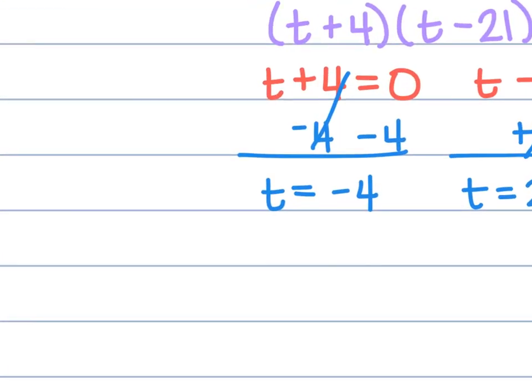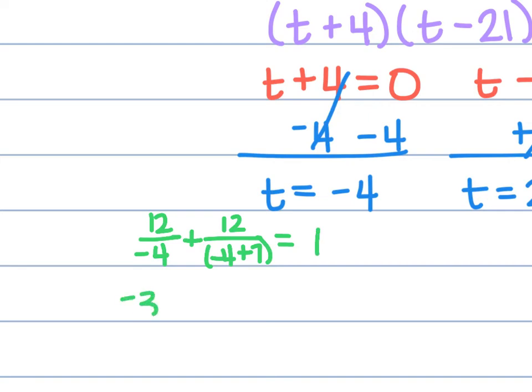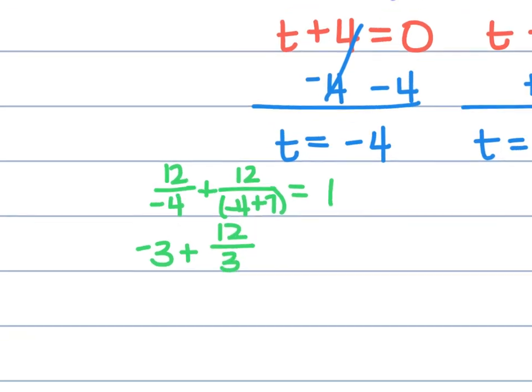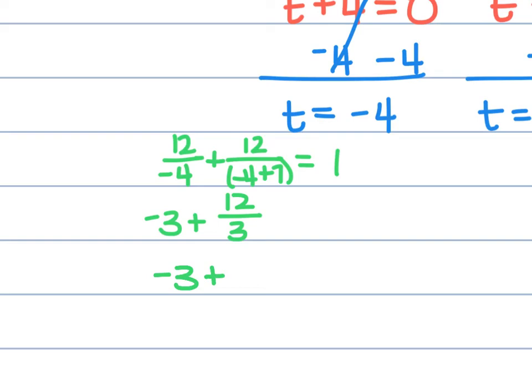For the negative 4, we're going to have 12 over negative 4 plus 12 over negative 4 plus 7 is equal to 1. 12 over negative 4 is negative 3. 12 over negative 4 plus 7 is 12 over 3, which is 4. Negative 3 plus 4 is equal to 1, and 1 is equal to 1. So this is a solution.